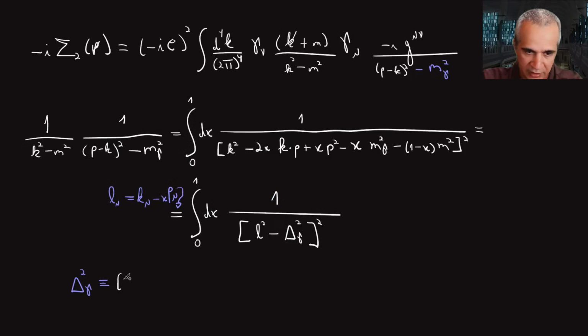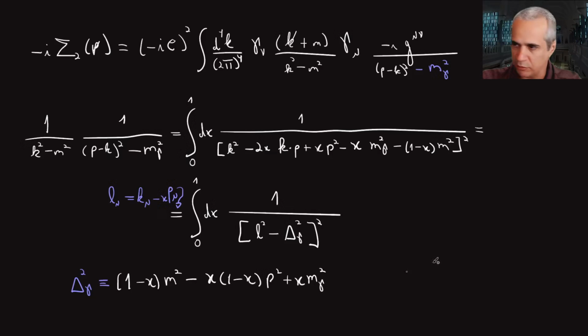After I complete the squares, it will be just (1 minus x) m squared minus x(1 minus x) p squared. This m squared is the mass of the electron, I hope that was clear from the start. And then I have the term that comes from here, x m gamma squared. So this is the definition of this quantity.